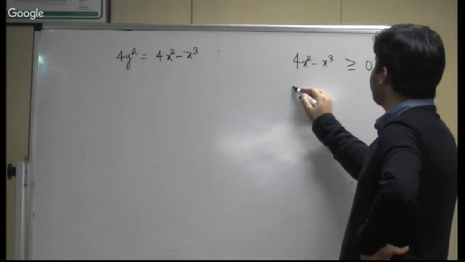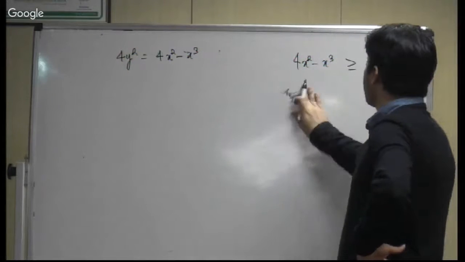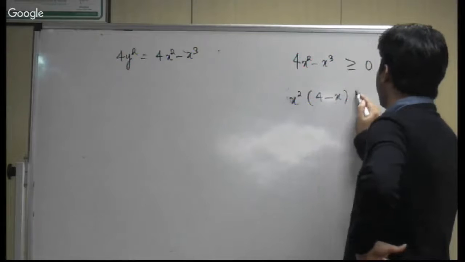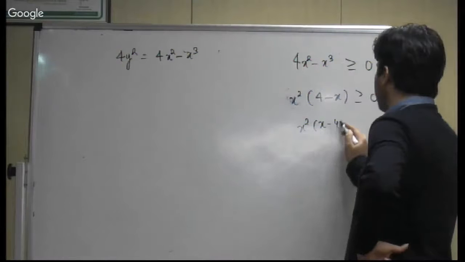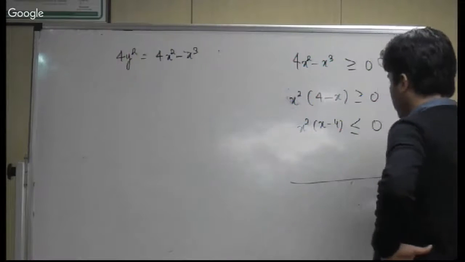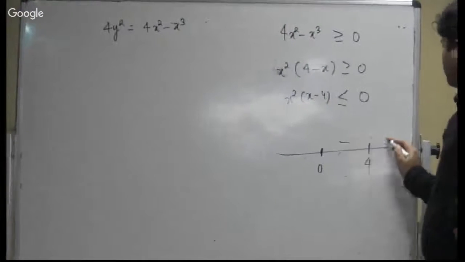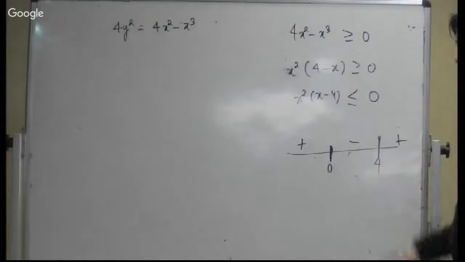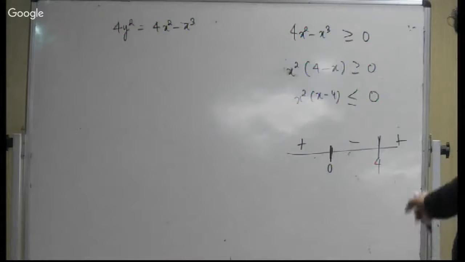So I can say x square into 4 minus x needs to be positive, so only this zone, from 0 to 4. The graph is going to be in that zone only, right?